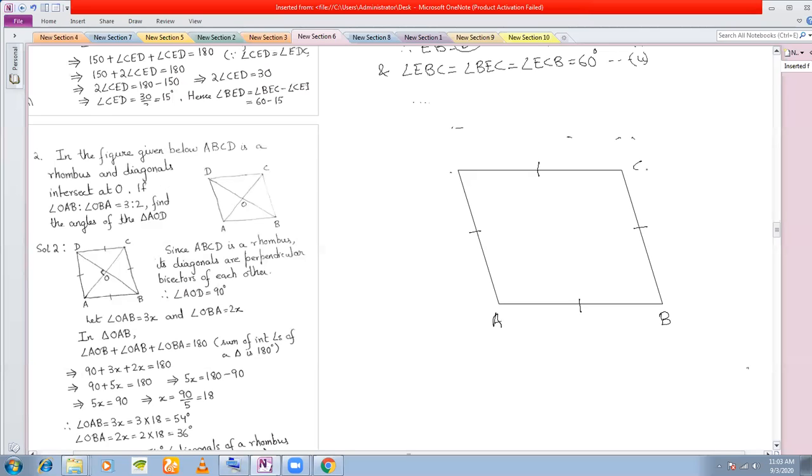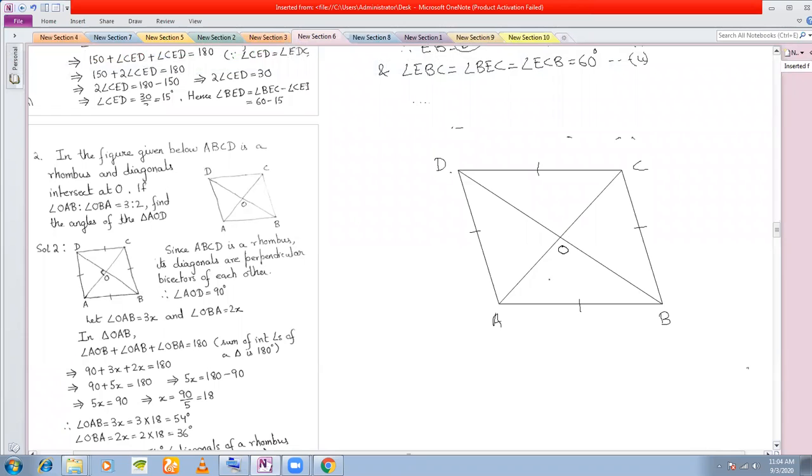You have your rhombus ABCD here, and let us draw the diagonals also, and they intersect at O.